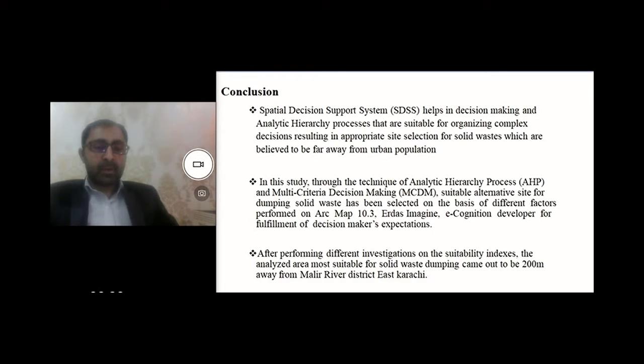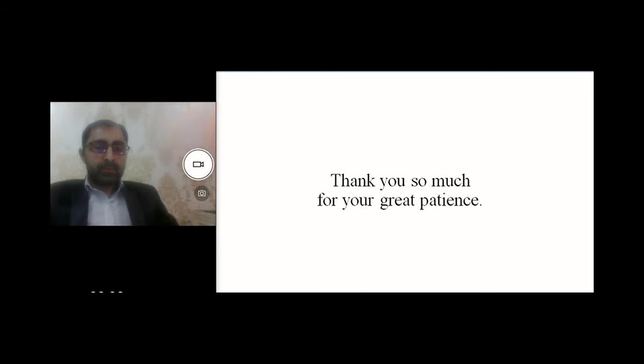In this study, through the technique of the analytic hierarchy process and multiple criteria decision making, a suitable alternative site for dumping solid waste has been selected on the basis of different factors performed on ArcMap 10.3 and Erdas Imagine and eCognition Developer for the fulfillment of the decision makers' expectations.